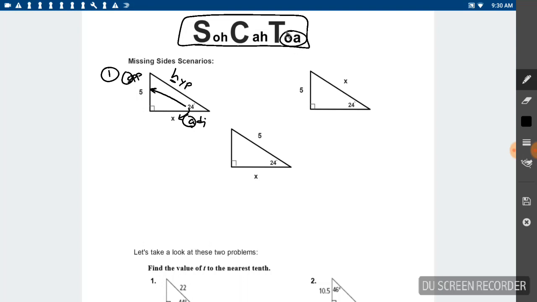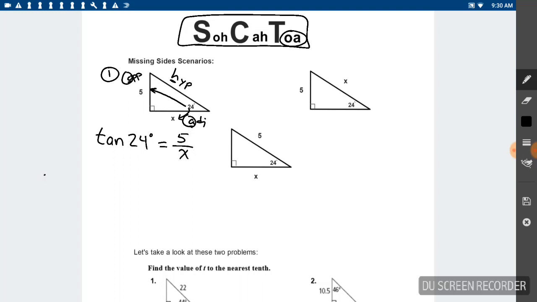Aha, O and A. There it is. So O and A tells me to use the tangent. So now when you set these equations up, always start with the sine, cos, or tan. That word goes first. Followed by the angle you're dealing with. So tan of 24 equals the opposite, which in this case is 5, divided by the adjacent, which is x.